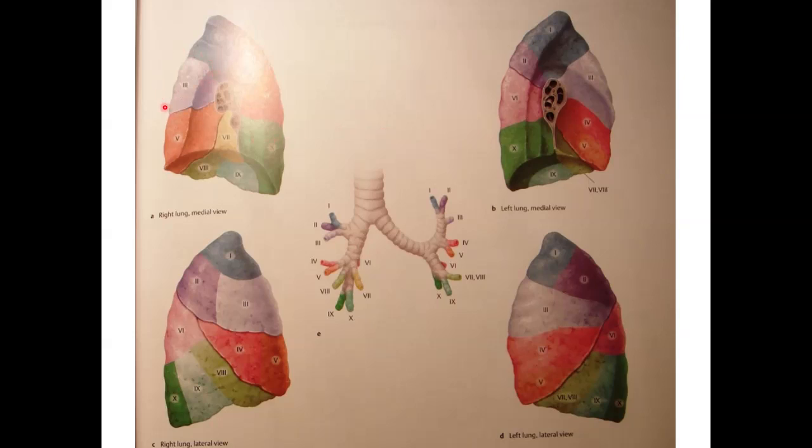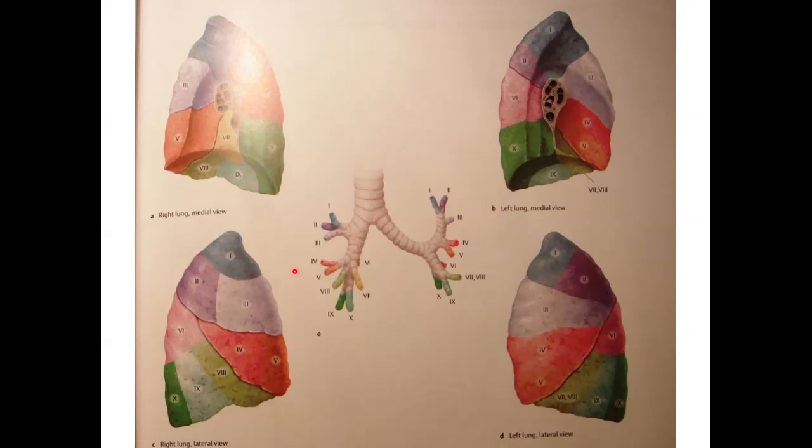Number 3 in the right lung is segmentum posterior, and here segmentum anterior from the left side.